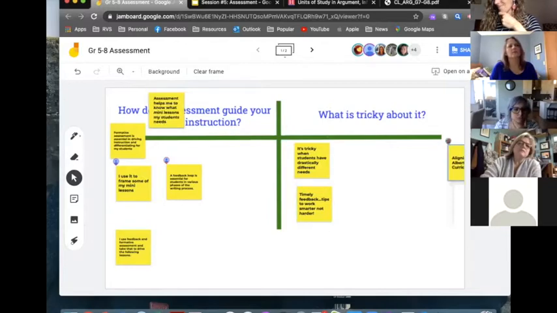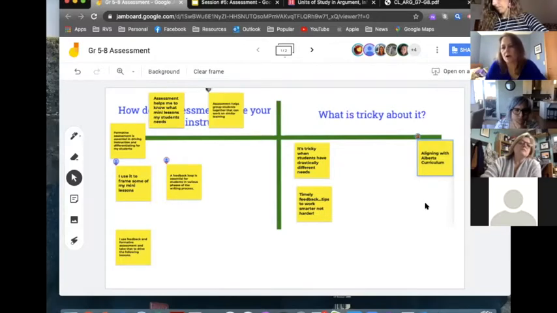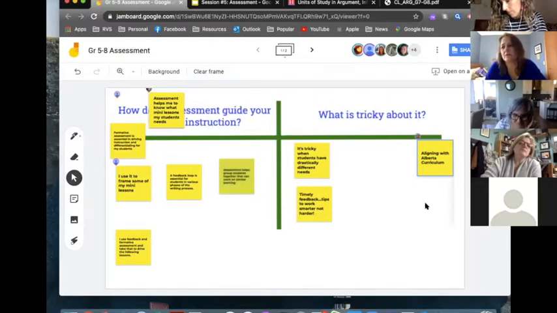Aligning with the Alberta curriculum, I'm going to put that one over to the side here. Our session tomorrow, that's one of the things that we are going to address. What you'll see in our session today is that we are going to talk about the tools that are associated with the writers, the units of study.